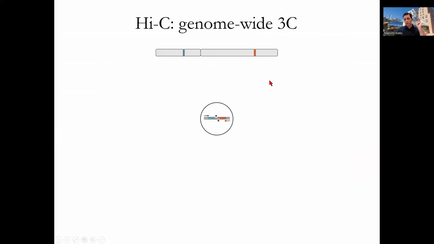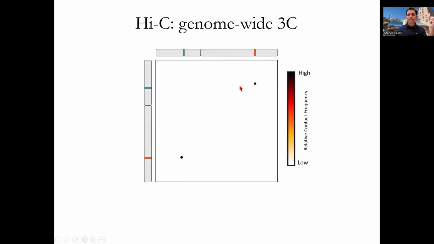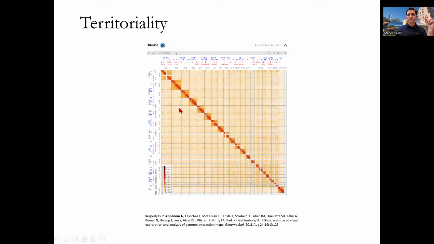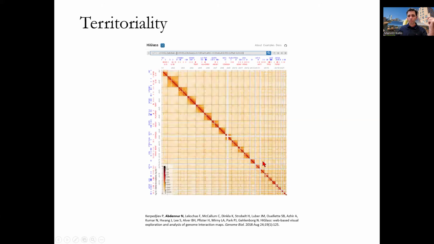So you can basically start doing the sequencing and then saying, aha, using this biotinylation mark, I know that this orange region and this green region that were actually far away from each other came closer to each other. So I'm going to put a dot at that position. Everybody with me here? And then I saw that these other ones became dots as well.